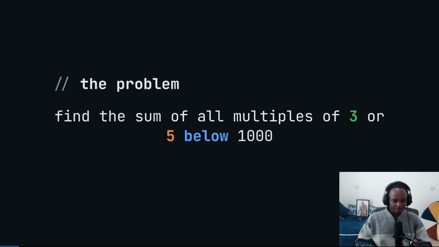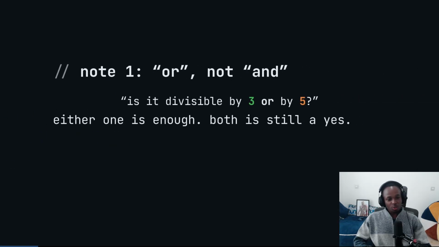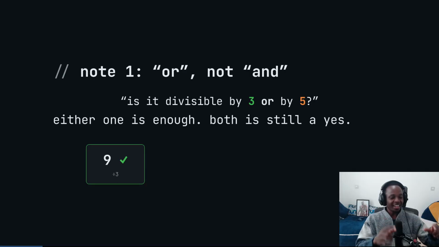So the problem is to find the sum of all multiples of 3 or 5 below 1,000. We need to note two things. One is we are looking for multiples of either 3 or 5, not 3 and 5. So for example, when given 9, is 9 divisible by 3?